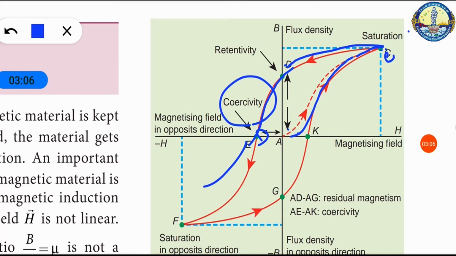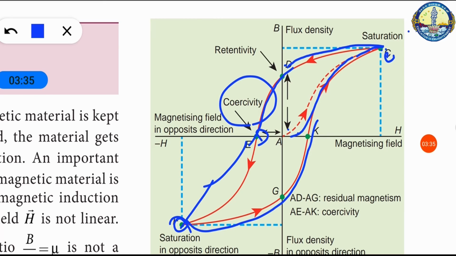The magnetic induction increases along EF until it reaches saturation at F in the reverse direction. If the magnetizing field is decreased and then increased with the direction reversed, the magnetic induction takes the path FGK. Here FGK again looks like a loop.